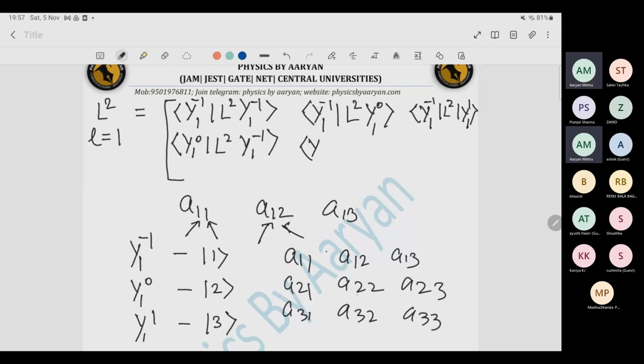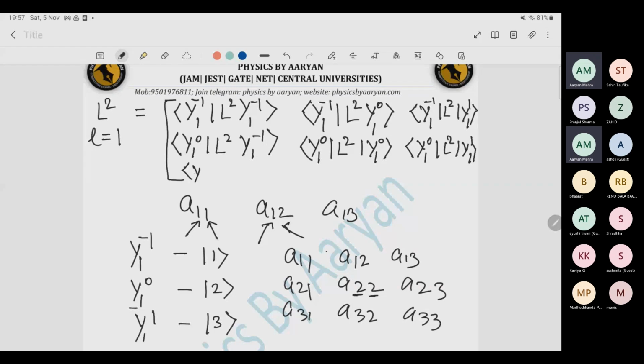Second element is 1 0, 1 0, second element again 1 0. Similarly, the third element is 1 1, first element is 1 minus 1, third element is 1 1, second element is 1 0, third element is 1 1, L square 1 1.